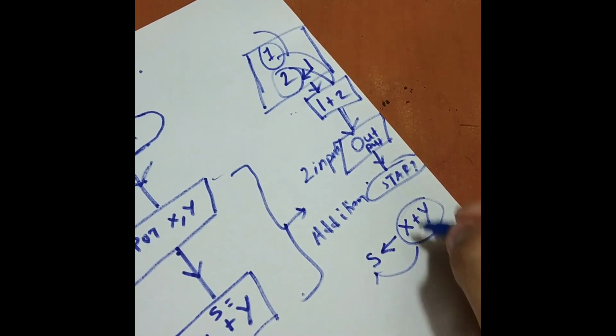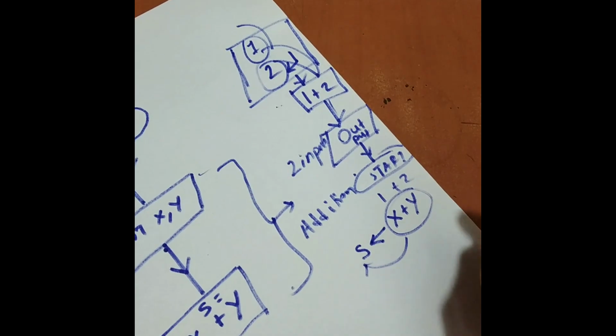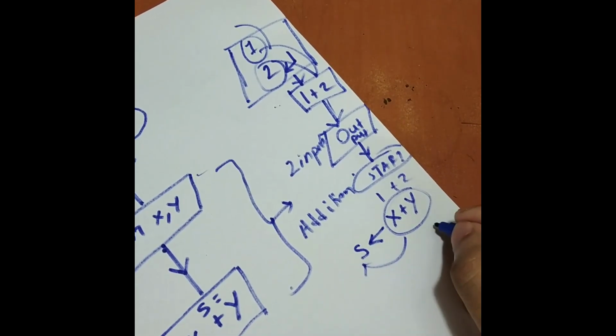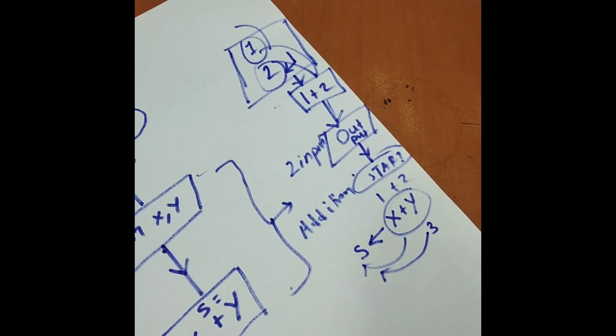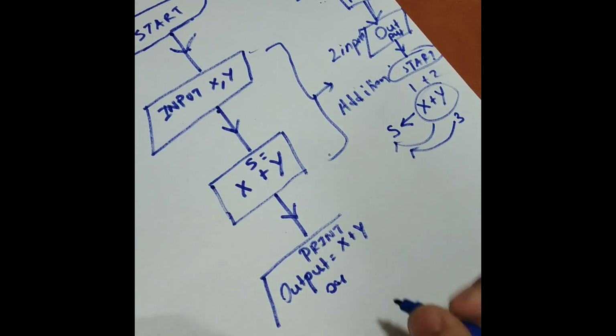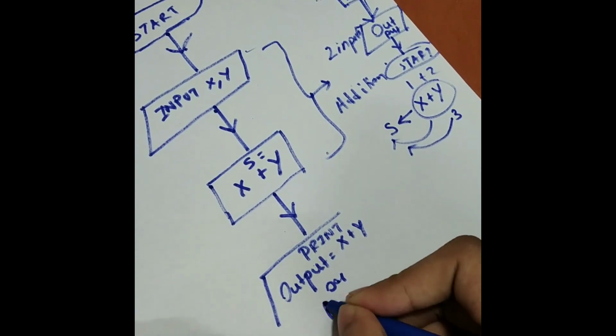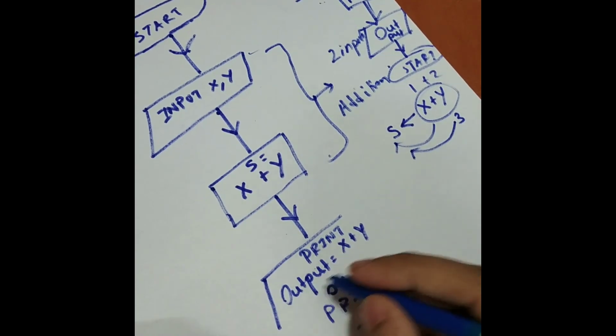Like if I give the value of 1 and 2, like 1 is for x and 2 is for y, the result is obviously 3. Then the 3 will be stored in this s variable. That's why s is equal to x plus y. So what we can write simply as print s.